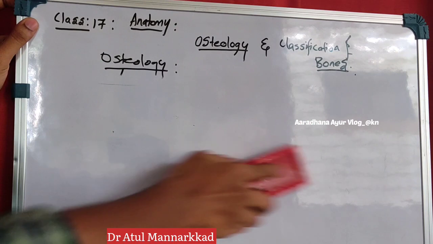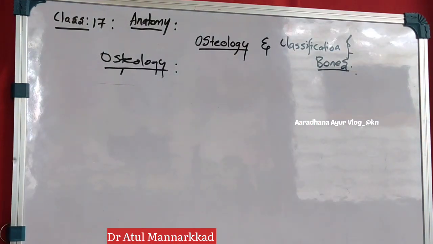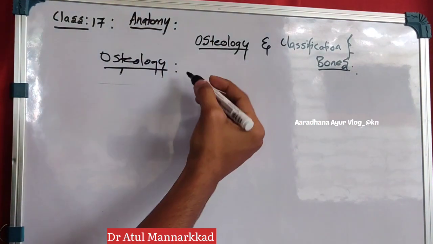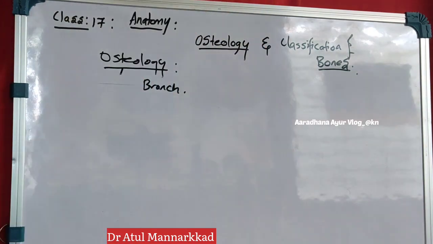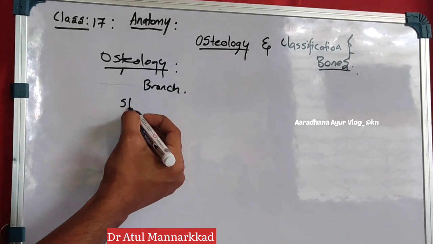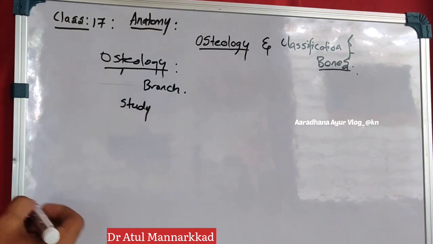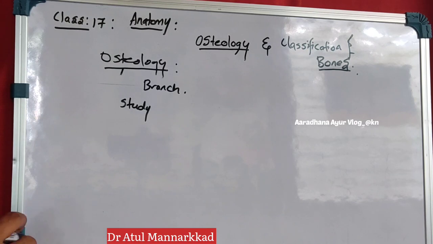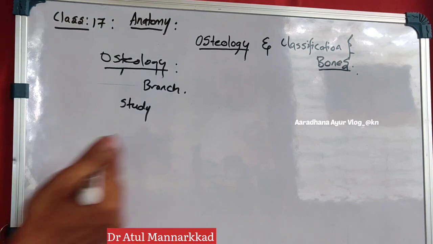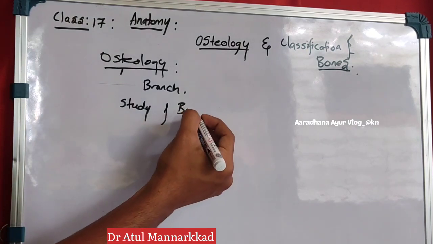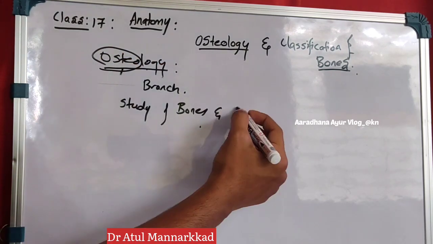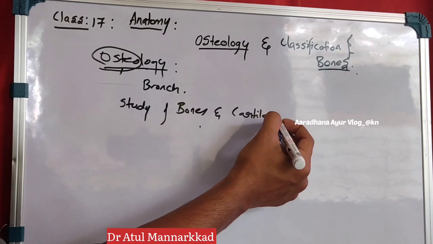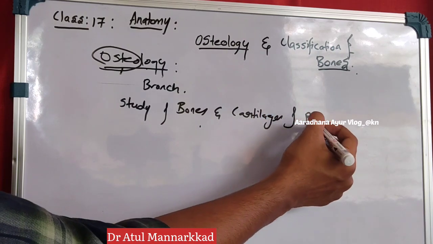We can also define osteology as the branch of anatomy which deals with the study of the bones and the cartilages of the body, the structural and functional aspects as well as the skeleton of the human body.